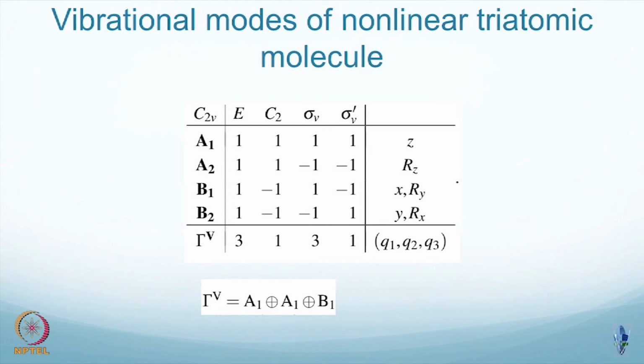So, given this, you can write a projector for the A1 representation. This projector will involve the character of A1 times the gamma V 3 cross 3. Okay. Check the rank of this matrix. Because V is broken up into A1 twice, I would think that the rank is 2, and find the basis states.